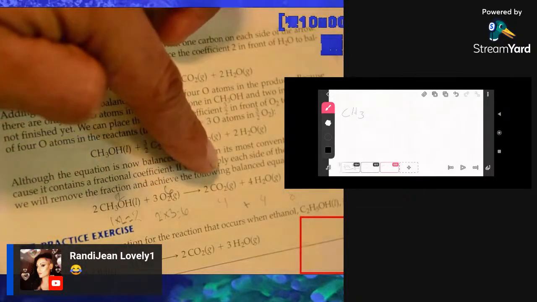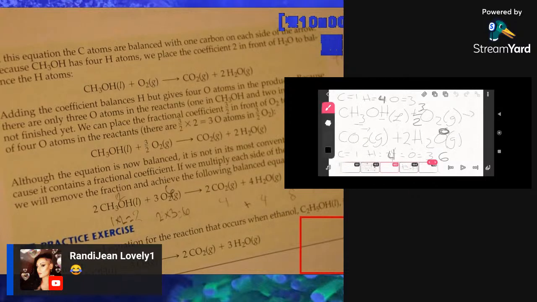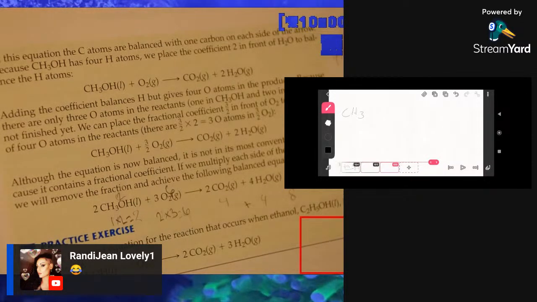All right, a 2. Oh wait, now I know what he's doing. Okay, let me just rewrite everything. All right, so on this one, you see how... Oh, I can't even erase that. Yeah, let me just rewrite everything. Where we're at, CH3.